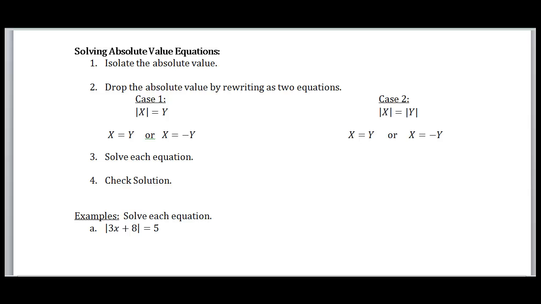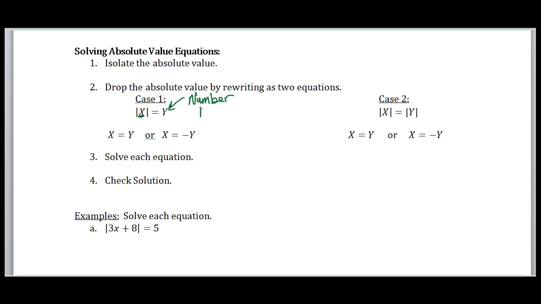I have case 1 and case 2. There are two types of absolute value equations, so it's going to look a little different, but we're going to be basically doing the same thing. Let's say that I have some algebraic expression inside the absolute value, and it's set equal to a number.